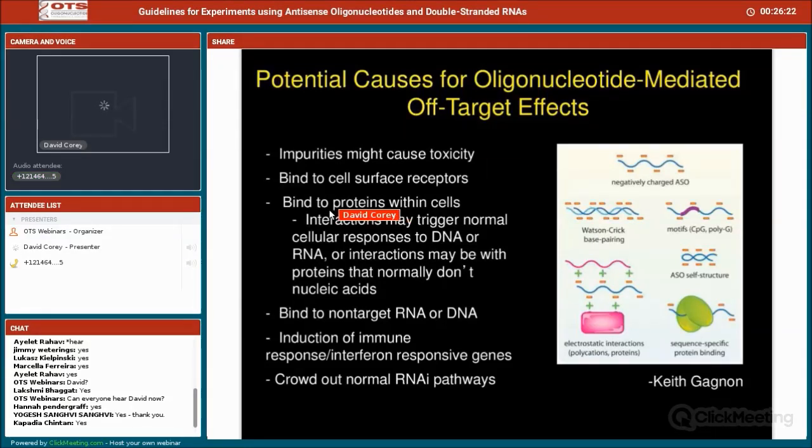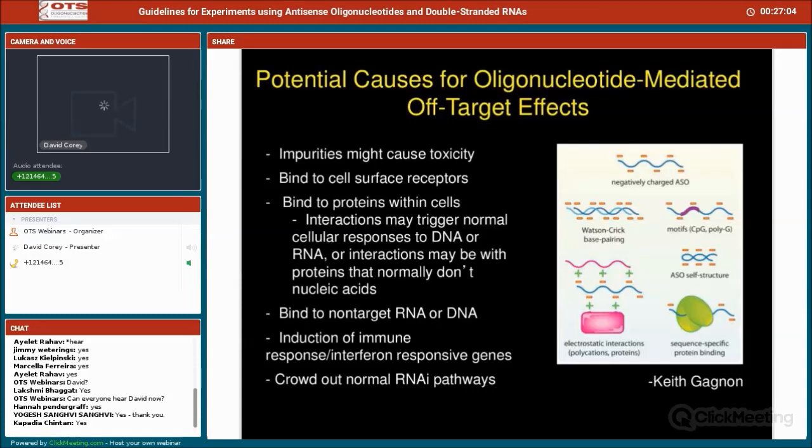You might also have binding between the negatively charged oligonucleotides and proteins inside cells. It's not hard to imagine that a negatively charged oligo will naturally seek to bind to positively charged proteins, and that those interactions might trigger normal cellular responses to DNA or RNA, or interactions with proteins that don't normally bind nucleic acids. They can be hard to predict. Now, the basis for using DNA or RNA is, of course, the potential for Watson-Crick base pairing to a target. Another source of off-target interactions is binding to non-target DNA or RNA.